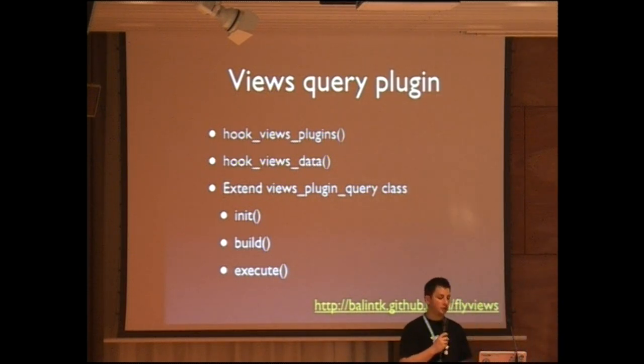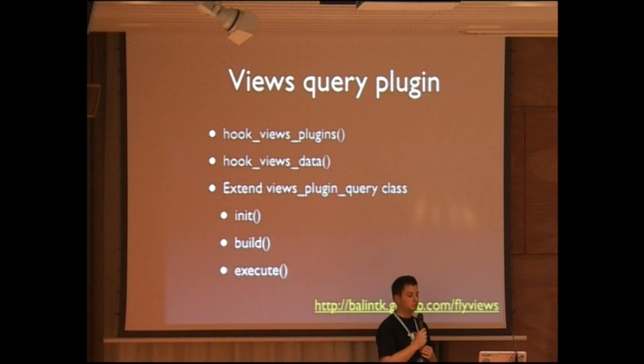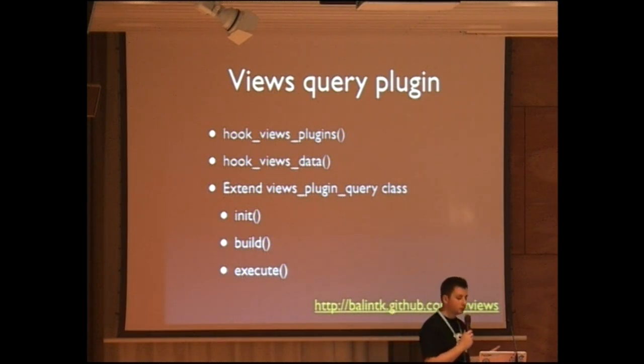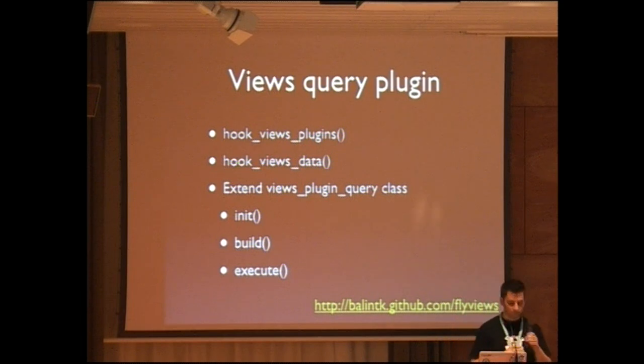Then when you implement your query class, you just need to see what the views_plugin_query does by default, extend it and override the methods, for example init, build and execute, and you are basically done. I'm going to show you how I did this in my small module.